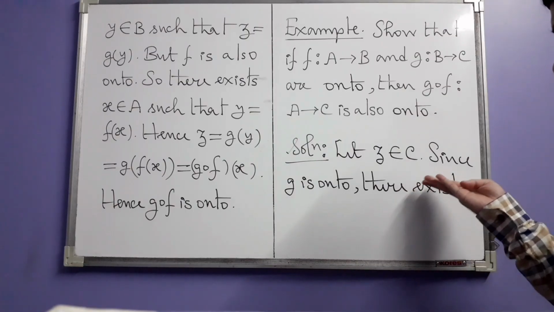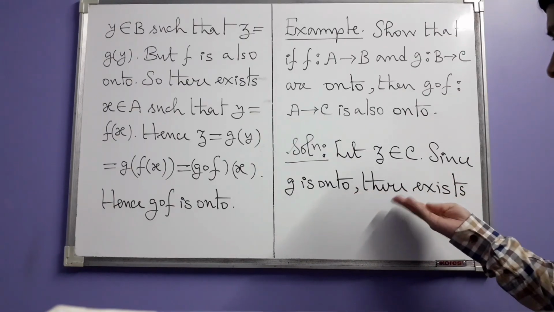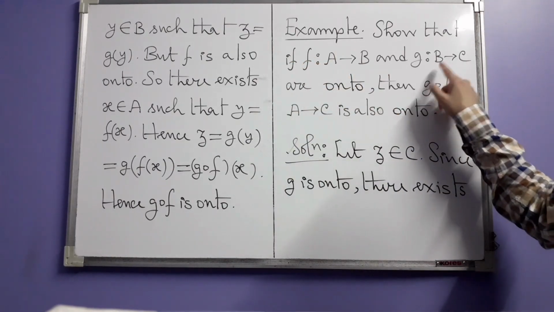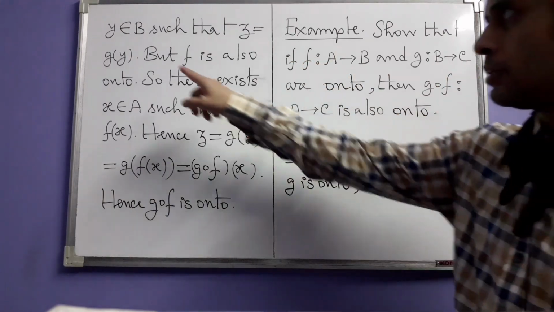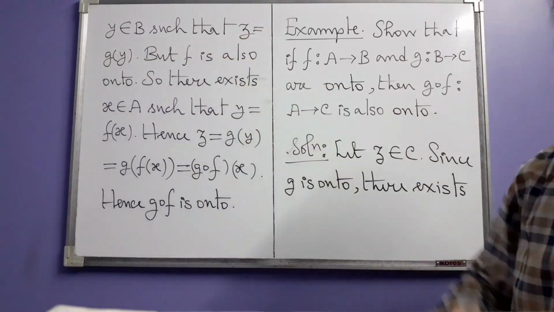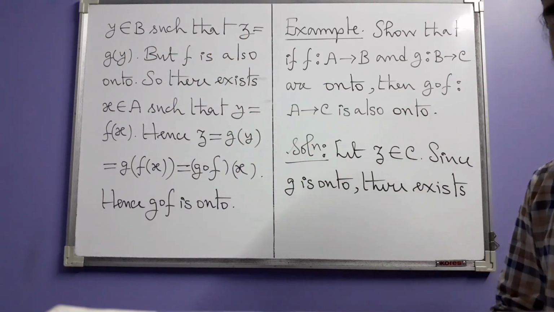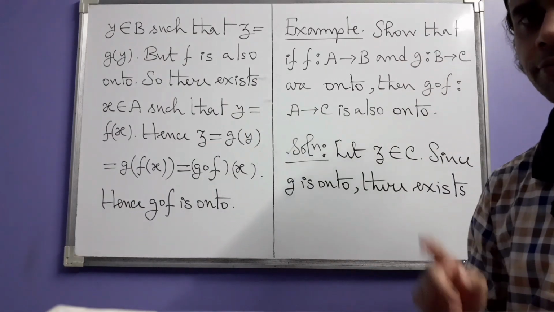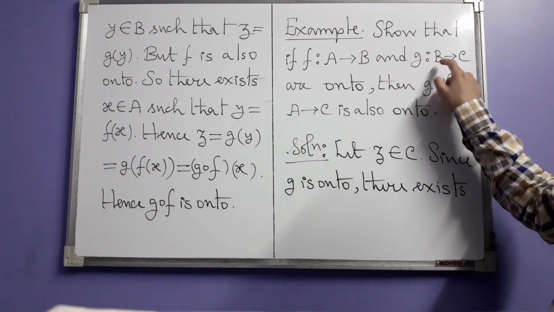And that is why we write like this: since g is onto, there exists y in B, the domain of g, such that the g image of y is this chosen element z. So this y exists because g is onto, and y exists in B, the domain of g.